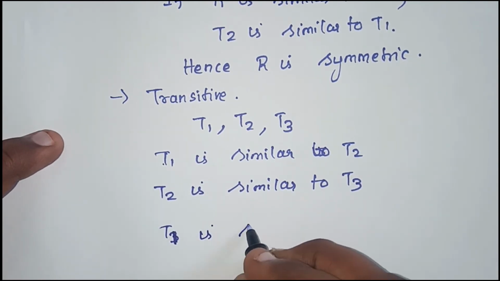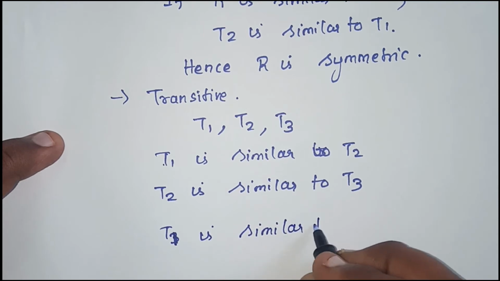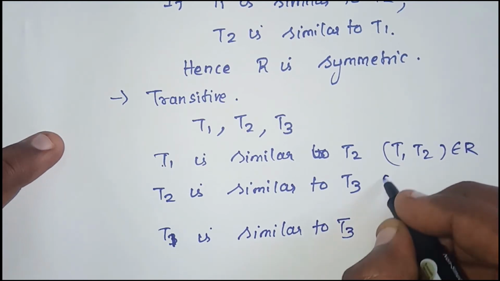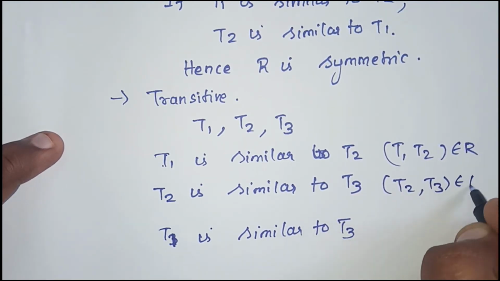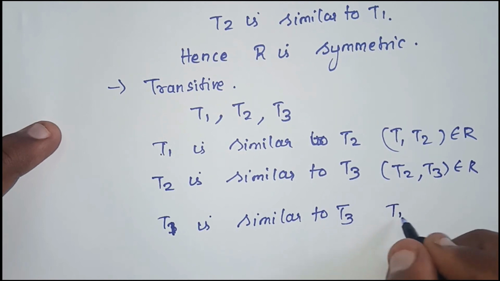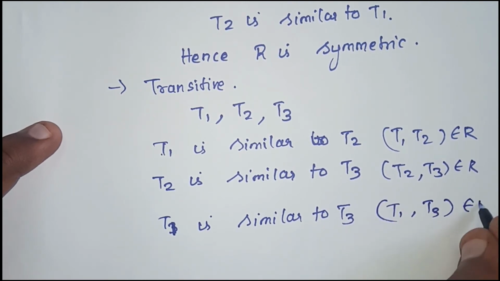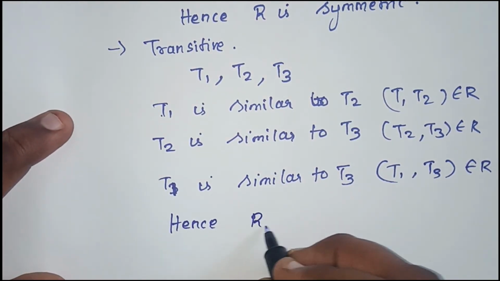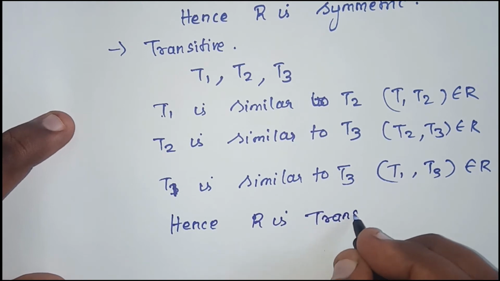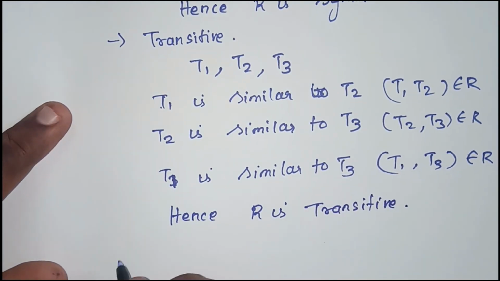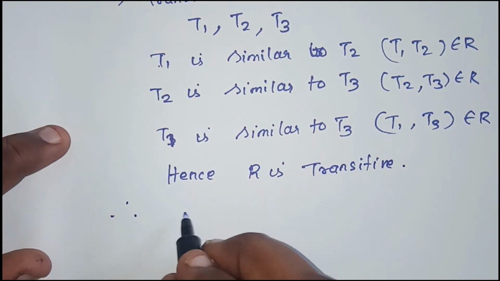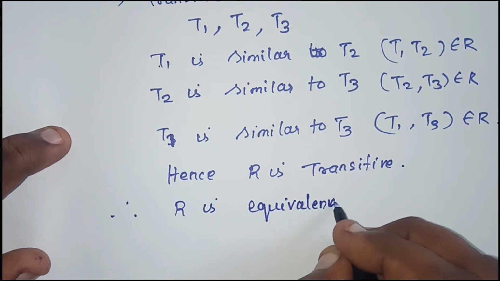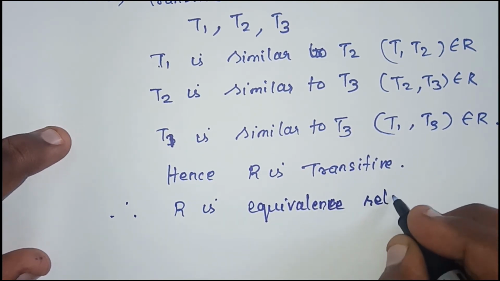So (T1, T2) belongs to R, (T2, T3) belongs to R, then this implies that (T1, T3) also belongs to this relation. Hence the relation is transitive. So therefore, we proved that this relation is an equivalence relation.